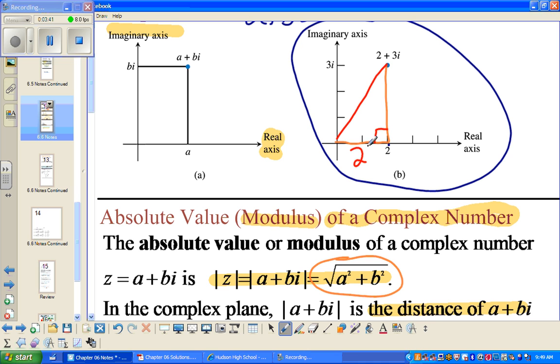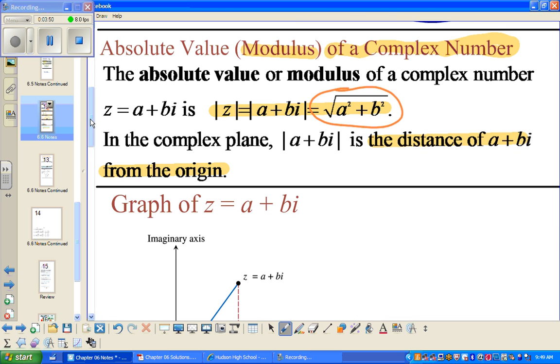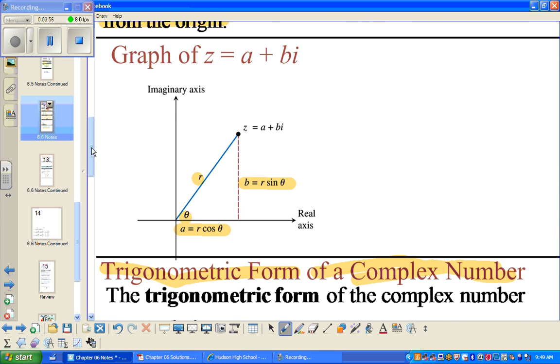You would take 2 squared plus 3 squared, the square root of that will give you the length of that side. That's what the absolute value or modulus is of a complex number. That's also shown here. Keep in mind when you graph, and remember, we use z, the letter z, oftentimes to just represent a complex number.